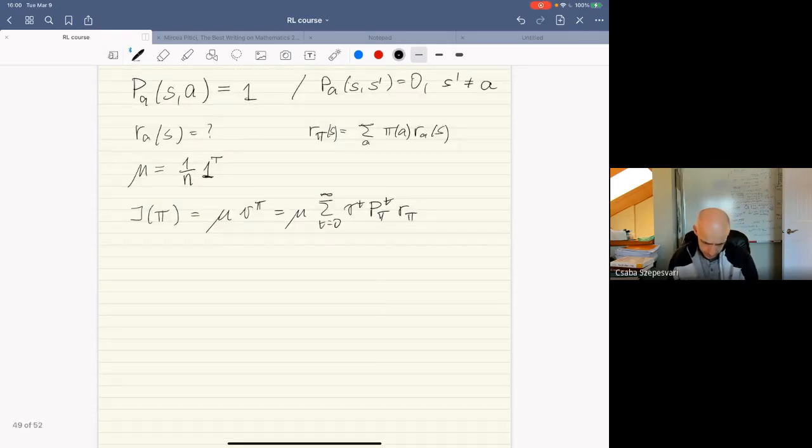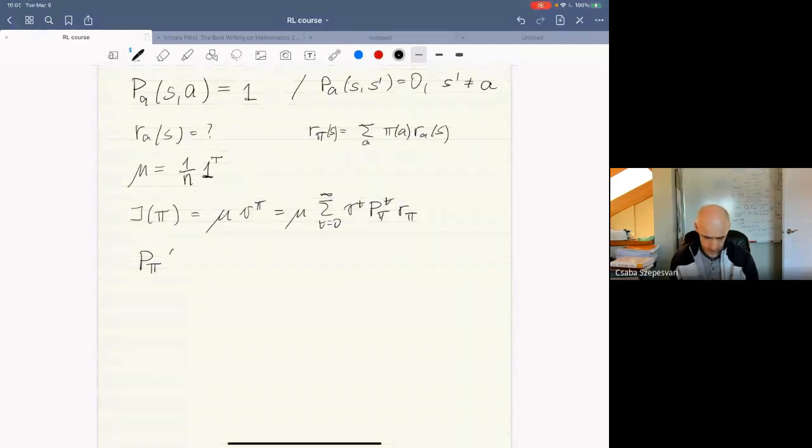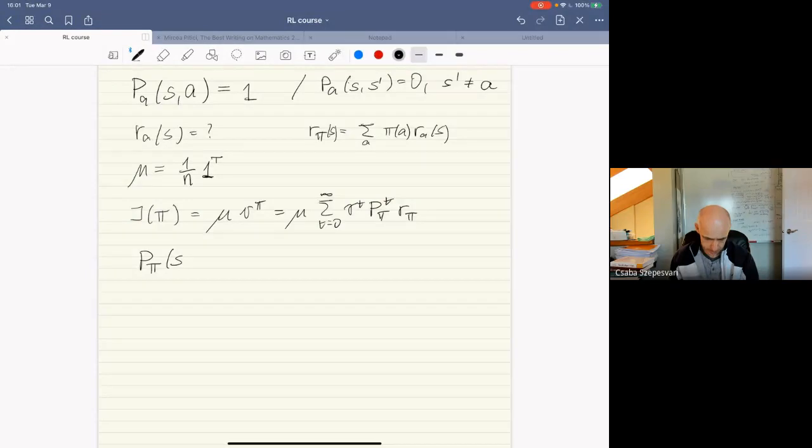And so to calculate this, let's look at what the transition probabilities are under policy pi from state S to state S prime. So what is this probability? Can someone help me with this?